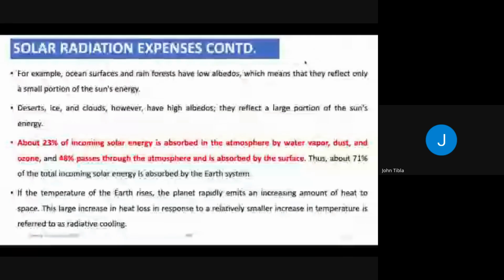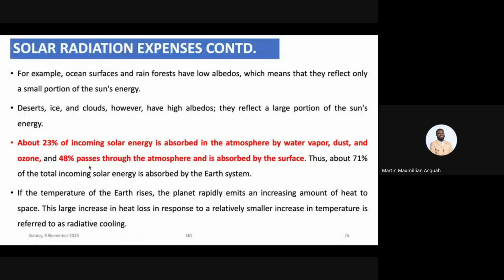Yes, sir. Okay. So how much sun rays the Earth receives, and how much sun rays the Earth releases back into space is what we call the heat budget.